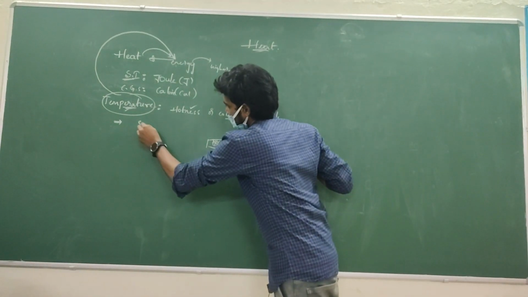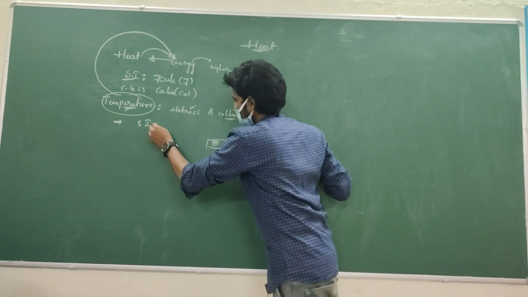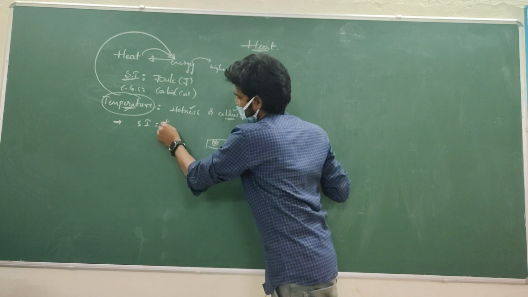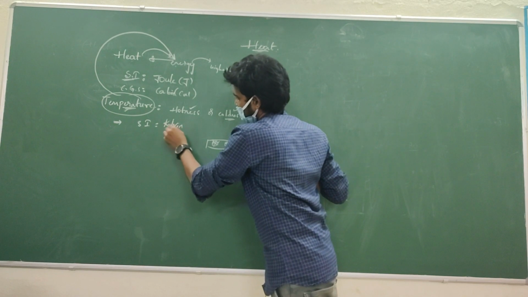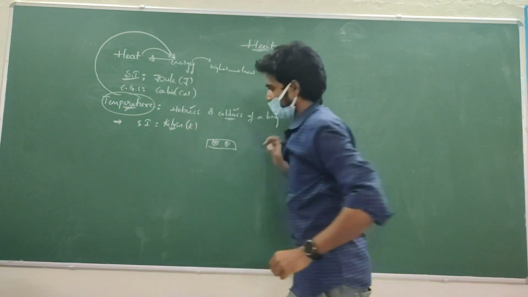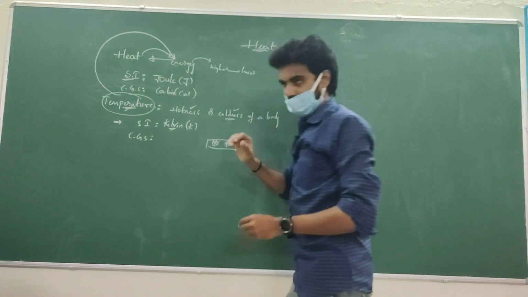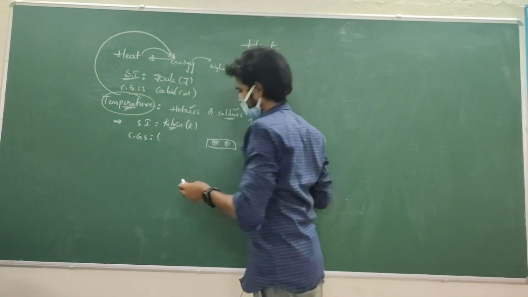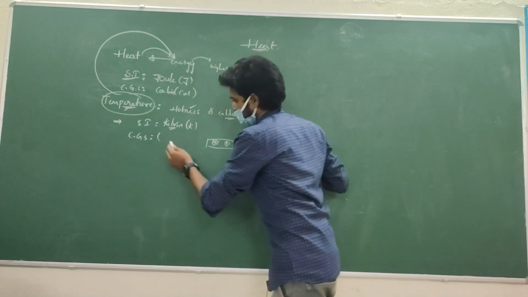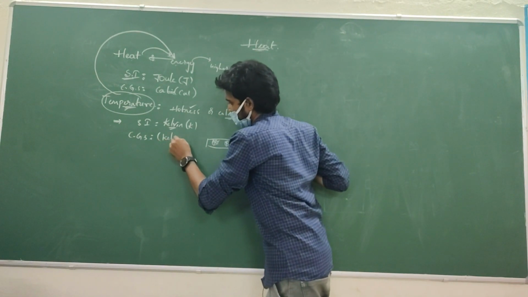Okay. Now coming to the SI unit. SI unit of temperature is Kelvin, K. Okay. Coming to the CGS unit, on the internet and in many other textbooks, they have given Kelvin only.